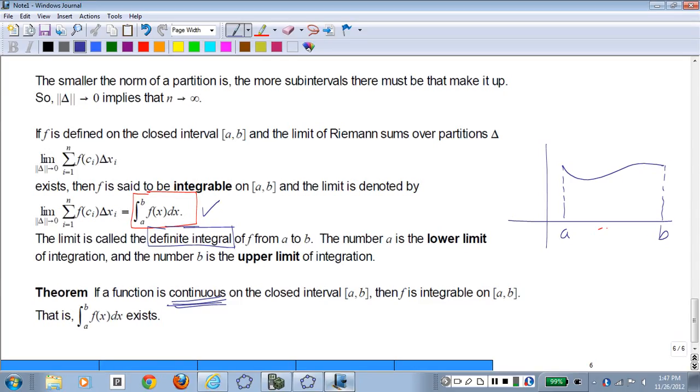There are ways to define functions that are not continuous on an interval in really bizarre ways. Well, it doesn't have to get that bizarre. We could mix in a vertical asymptote or something like that and cause this limit not to exist. But if the function's continuous on the closed interval, we're guaranteed that the limit will exist, so that the area bounded by the curve and the x-axis is, in fact, well defined.